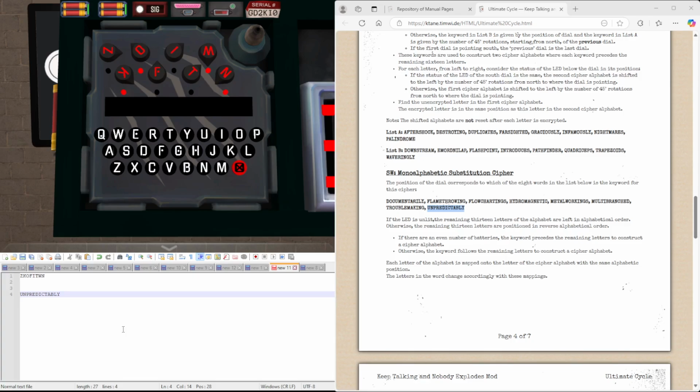Clearly is unlit. Maintaining alphabetical order, those remaining 13 letters written in reverse alphabetical order.